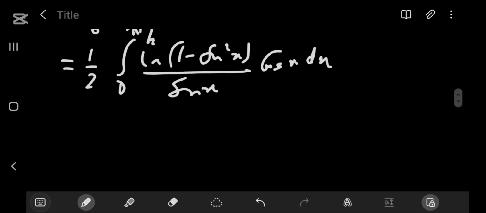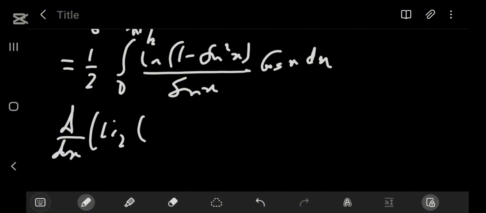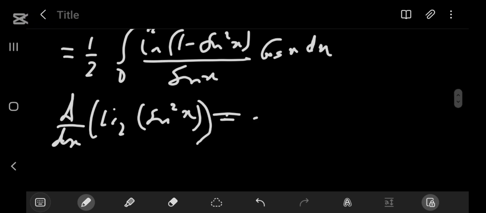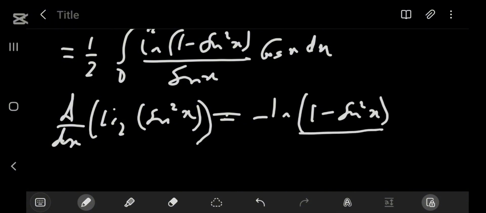Now let's look at d over dx of Li2 of sine square x. We'll have minus ln 1 minus sine square x over sine square x. If we differentiate sine square x, we'll get 2 sine x cosine x.